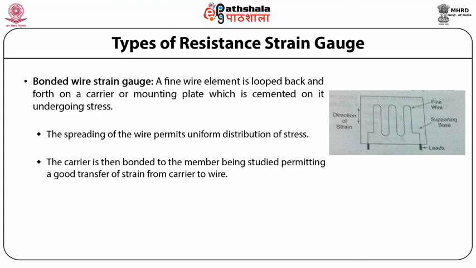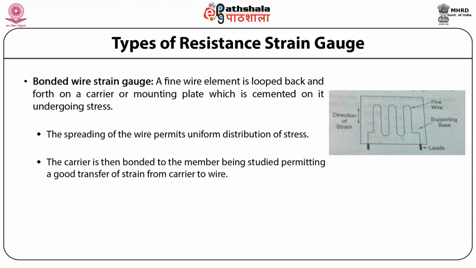The second one is a foil strain gauge. Here the strain is sensed with the help of a metal or alloy foil. They have much greater dissipation capacity than the wire wound gauges on account of their larger surface area for the same volume. This type of gauge is shown in this figure, and they can be fabricated on a large scale and in any shape where foil can be etched on a carrier.